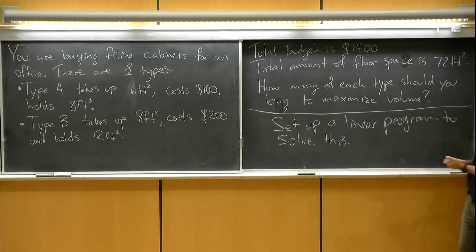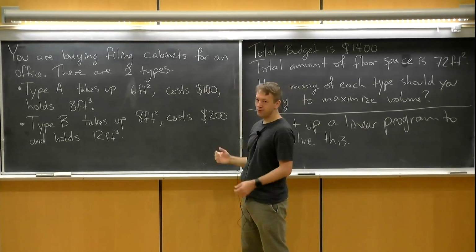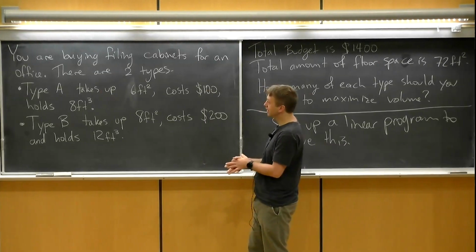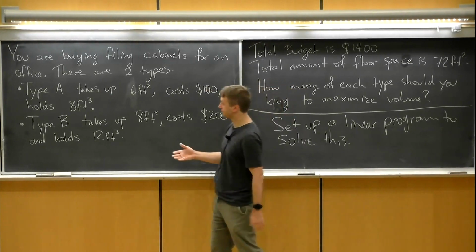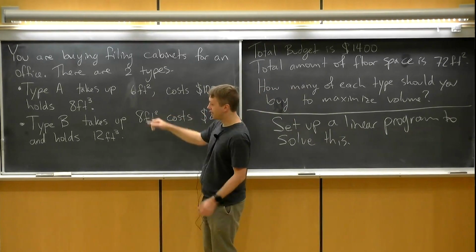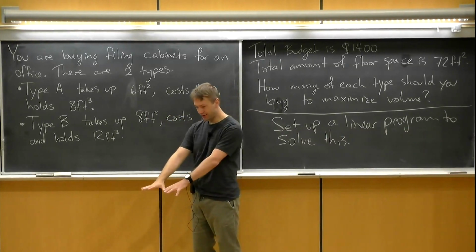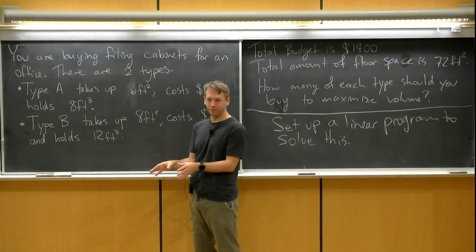So let me just quickly explain what the question is. You're in charge of buying filing cabinets for an office. There are 2 types of cabinets in the catalog, only 2 types. Type A takes up 6 square feet on the ground. You have a limited amount of money and a limited amount of floor space, right?